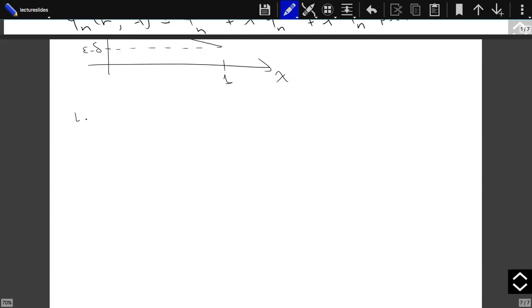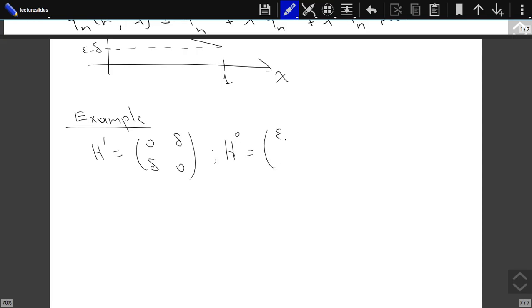Now let's look at another example. Like the previous case, H prime is again 0, delta, delta, 0. But let's take H0 to be epsilon 1 and epsilon 2, different energies.